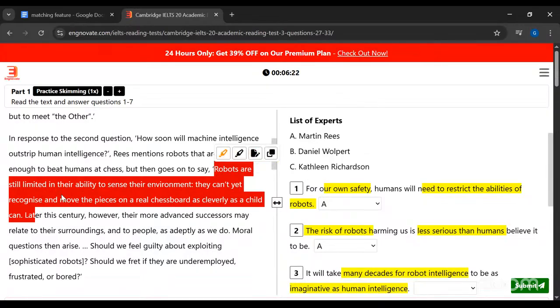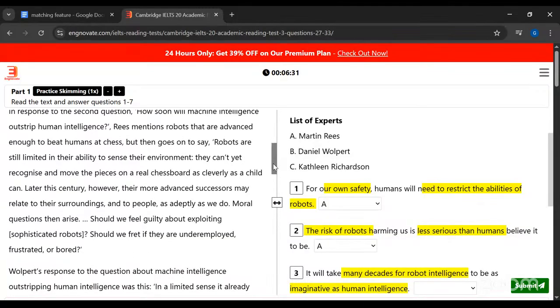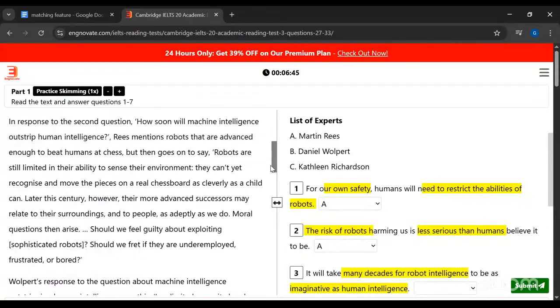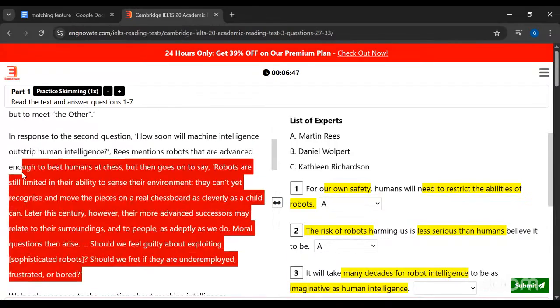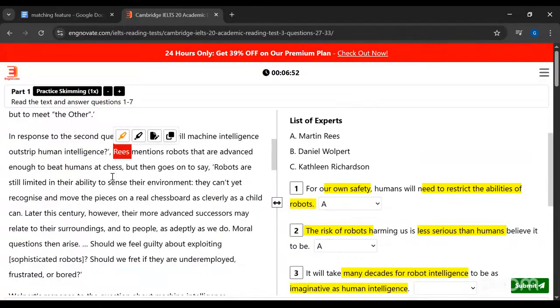Robots are still limited in their ability to sense the environment. They cannot yet recognize and move in the real world as a child can. Okay, I think here they tried to confuse us because we do not yet have any scientist mentioned, am I right? Okay, Reese is mentioned. What do you think?